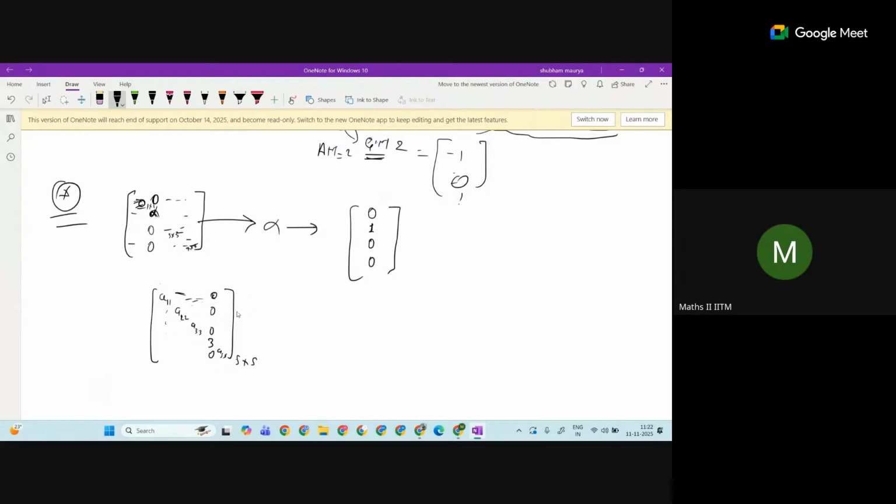Here is whatever, I don't care, any strange number. But in this particular column, at the fourth place, 4 4, you are getting non-zero, and the rest all are 0.